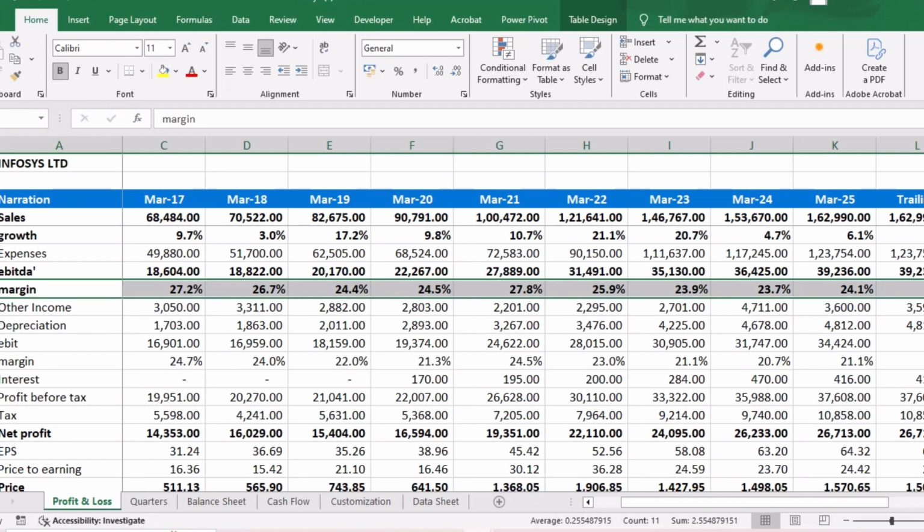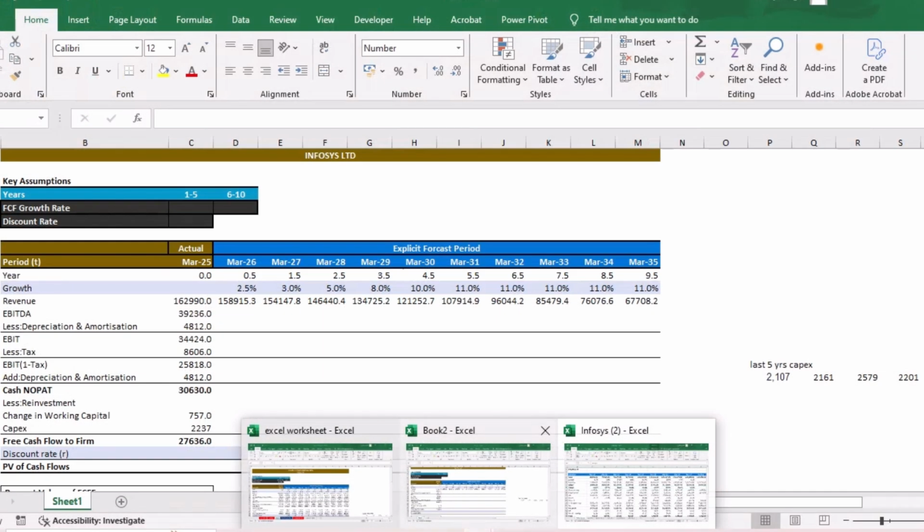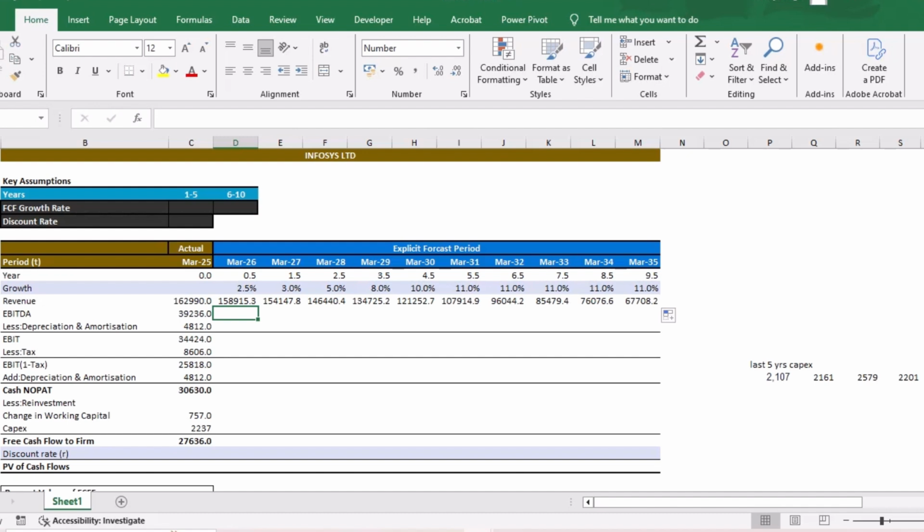So according to my analysis, the company's EBITDA margin would be in this range of around 24%. So I will take the EBITDA margin as 24%. Okay, so this into 0.24. This is our EBITDA margin.